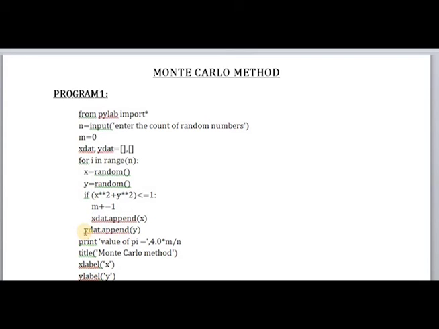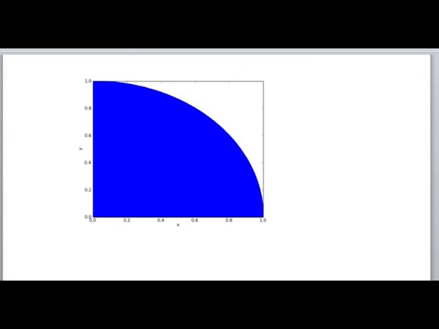Okay, to get all this sector colored blue, what I have to do to differentiate the sectors? If I am putting this x dot append x and y dot append y outside the loop, what happens? I'll get everywhere blue colored. So you cannot differentiate what is the sector and what is the square.